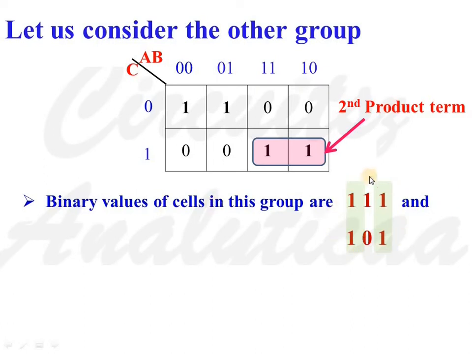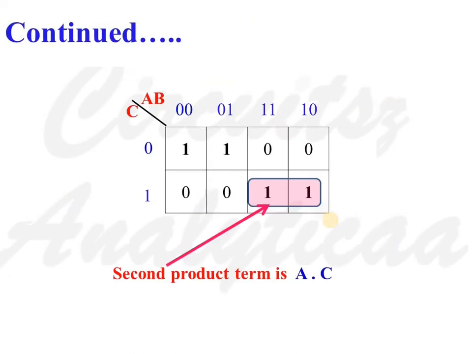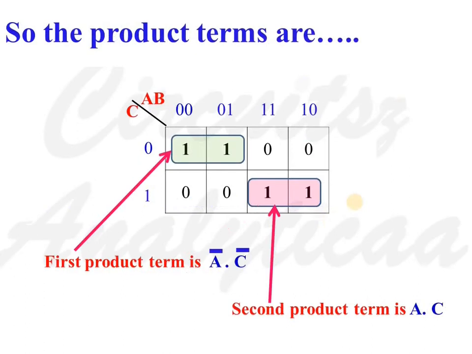If you compare these 2 binary values, we will find that value of variable A and value of variable C is same for these two cells, and value of variable B is different for these two cells. Second product term is AC.